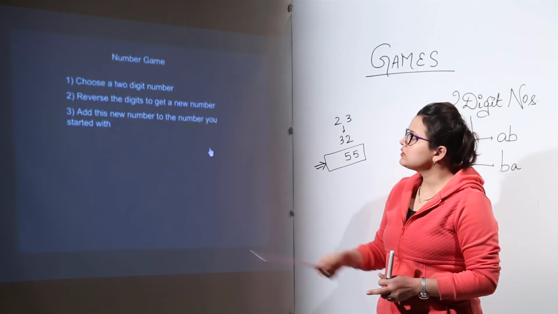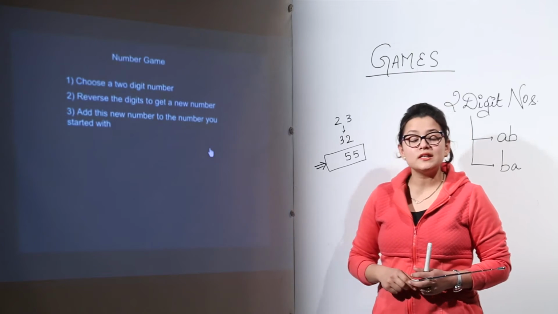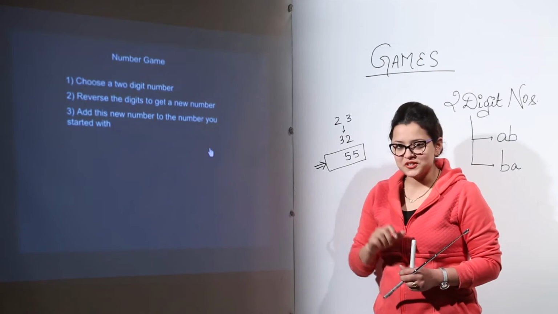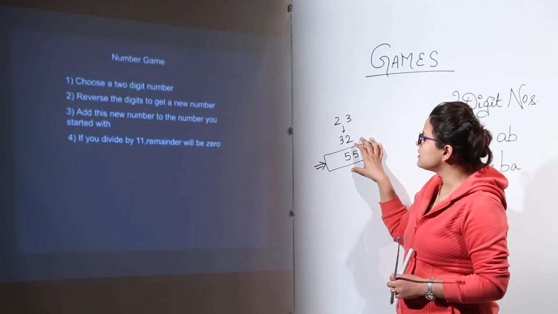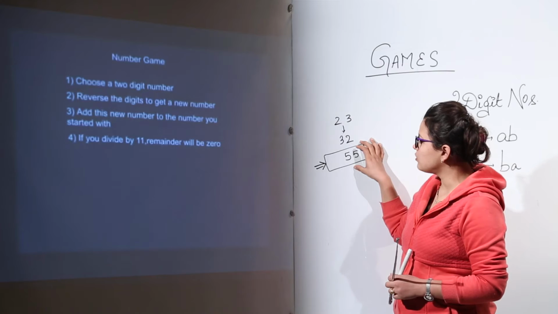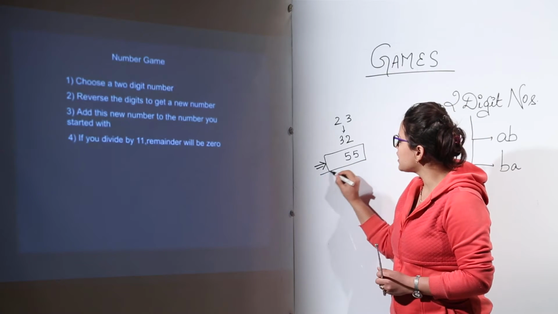Now after doing all the 3 steps, the fourth and final step that is going to play the trick is that if you ask the person to divide this product, or you can say the sum, with 11, you can check.